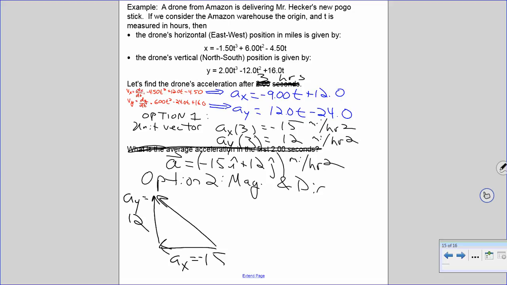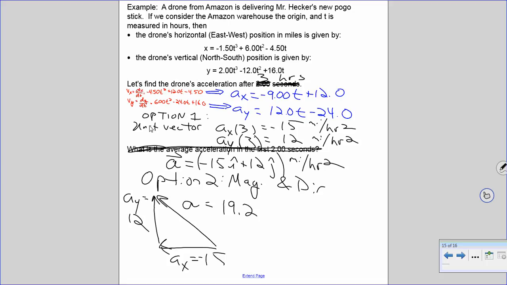So I can find my A by just doing the Pythagorean theorem, right? Almost a 3, 4, 5 triangle, but not quite. Square root of 12 squared plus 15 squared is 19.2.